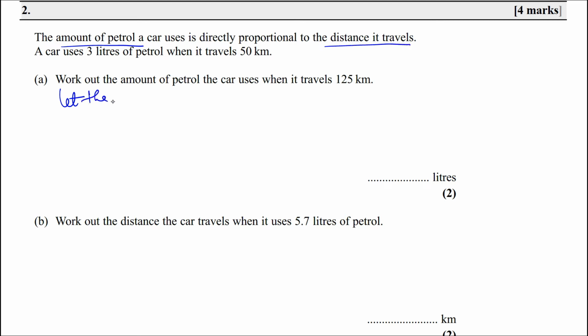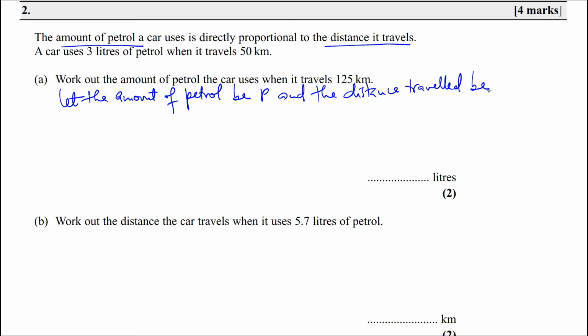Let the amount of petrol be P, and the distance traveled be D. So we have two variables here, P and D. And these are directly proportional. So we'll say P is equal to KD.